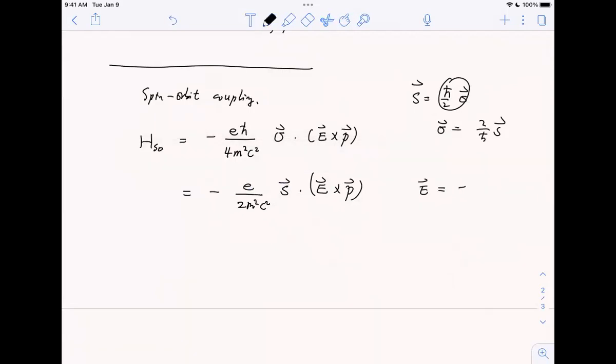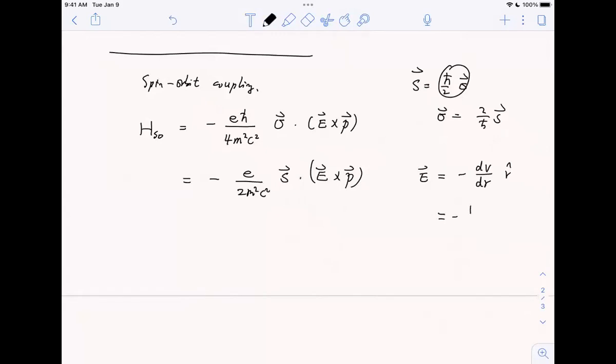Okay, so for the electric field, this is the derivative of V with respect to r, along the r direction. So you can put it like this. We already got this before, but let's do it again so that you know that we're going from the Dirac equation.